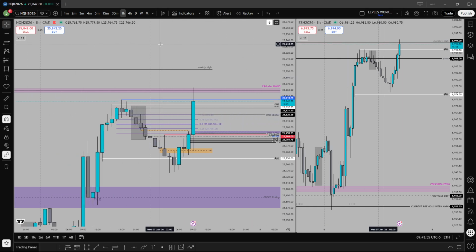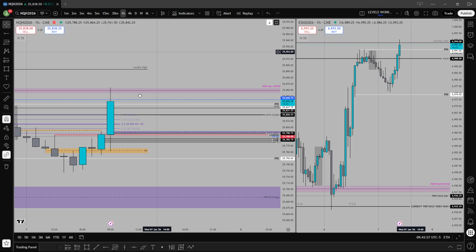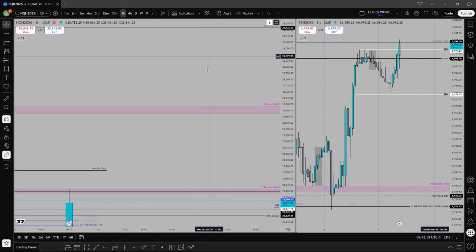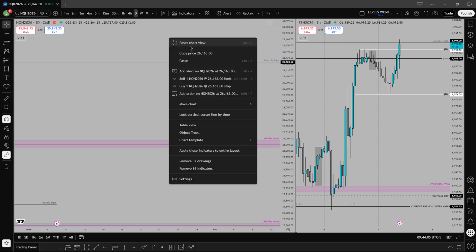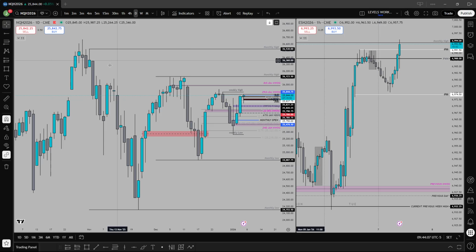5934. There's a pretty good liquidity pool here. 26123. These highs, which is also a fair value gap on the daily.